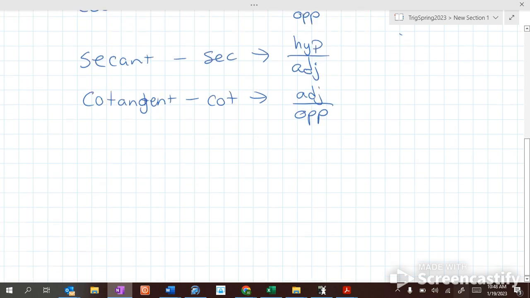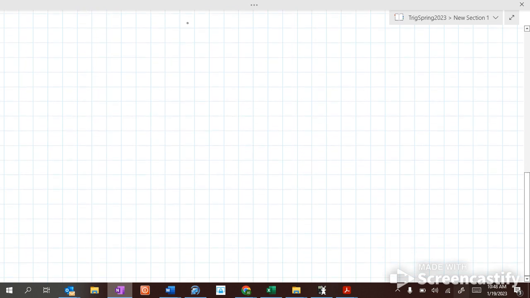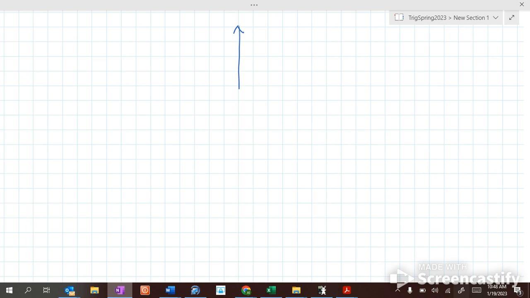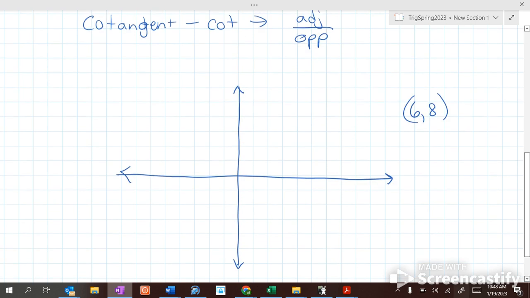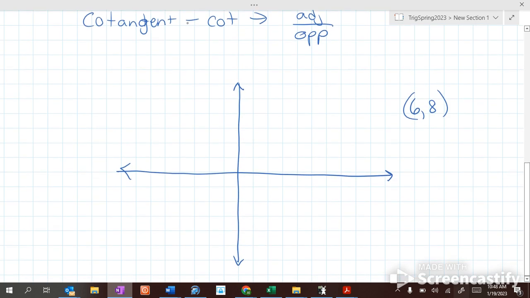Okay. So, let's say we have the point 6, 8 that we graph. 1, 2, 3, 4, 5, 6. 1, 2, 3, 4, 5, 6, 7, 8.